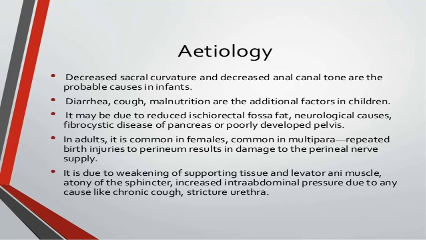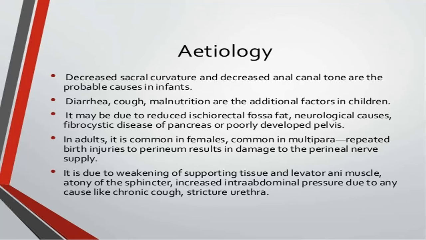Fibrocystic disease of the pancreas is mostly associated with malnutrition and a poorly developed pelvis, so it is again associated with decreased sacral curvature. So if you face any problem remembering these etiologies, you can link them all with only two: decreased sacral curvature and decreased anal canal tone.